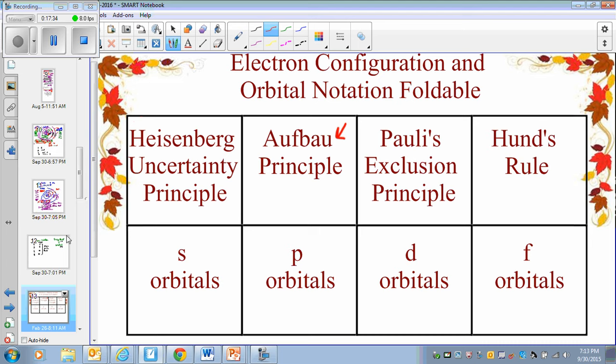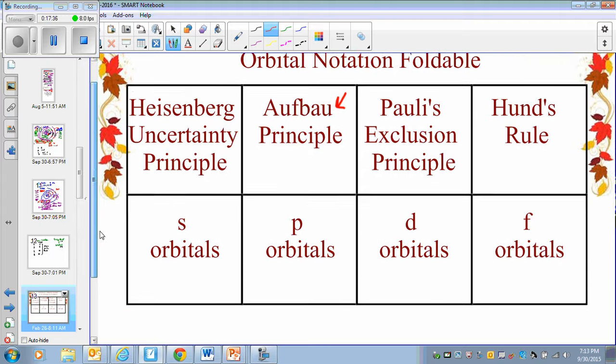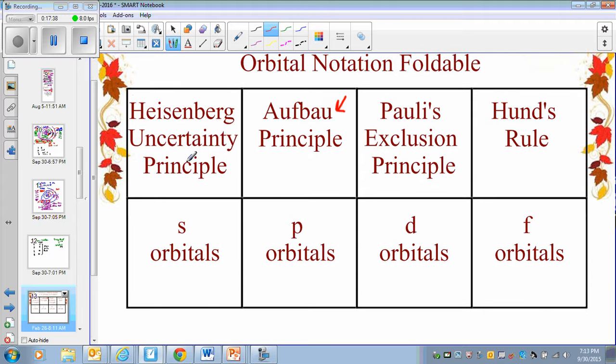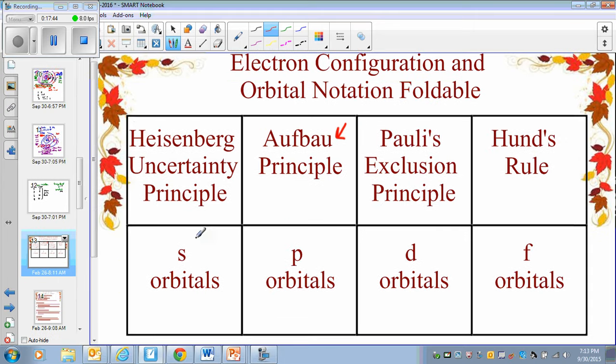You need to do it so that when you pick up a flap, you can write underneath it, and then we can take notes on this. You can pause the video right here, grab a piece of plain paper, and fold it so you can take notes with 8 flaps.